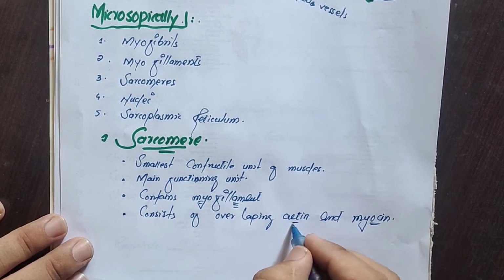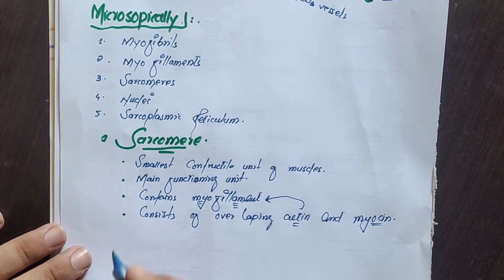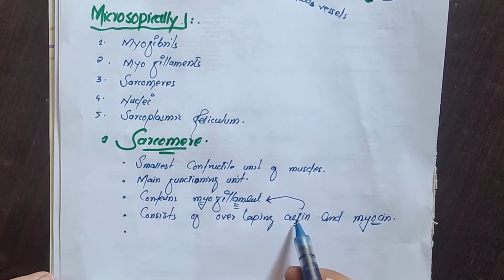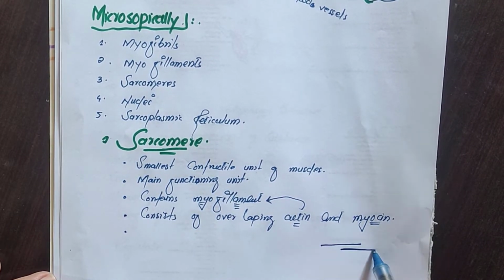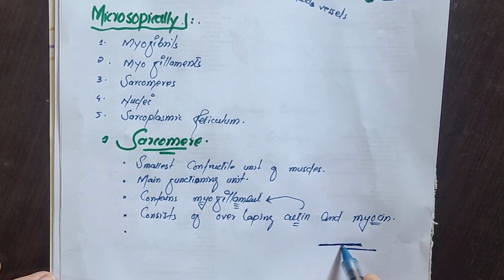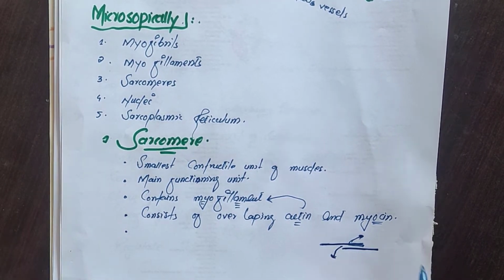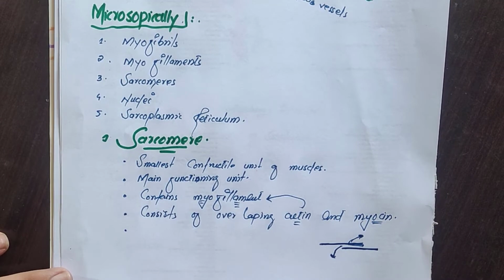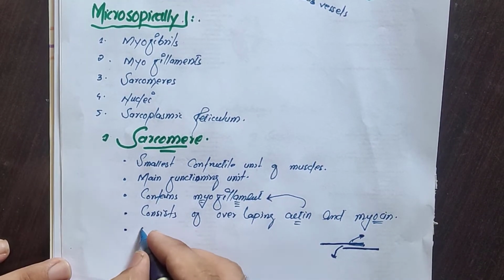So actin and myosin are actually the myofilaments, right? And when the actin overlaps the myosin, there become striations, the dark bands and the light bands. So these light bands and dark bands are called the striations. I will discuss about these in the next lecture, right? So overlapping creates striations.